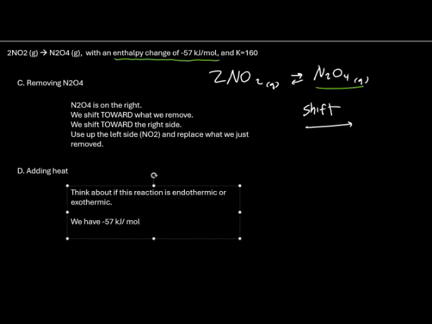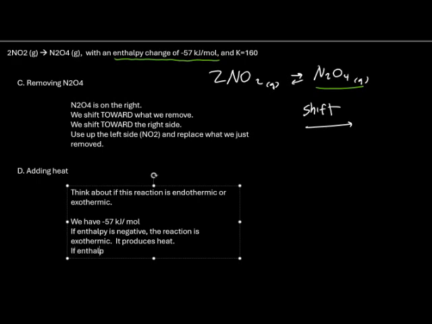If our enthalpy is negative, that means the reaction is exothermic. If the reaction is exothermic, that means it produces heat. If the enthalpy was positive, it would be the opposite. The reaction would be endothermic and would require heat as a reactant.